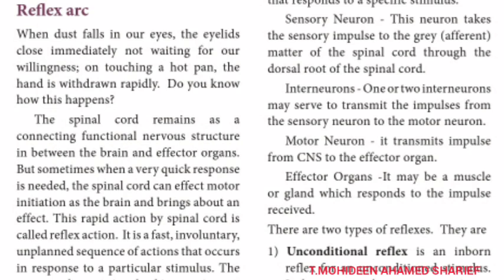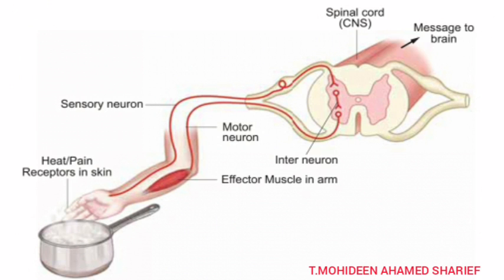Next are interneurons. One or two interneurons may serve to transmit the impulses from the sensory neuron to the motor neuron. Fourth is the motor neuron. It transmits impulses from the central nervous system to the effector organs. Fifth is the effector organ, which may be a muscle or gland that responds to the impulse received.